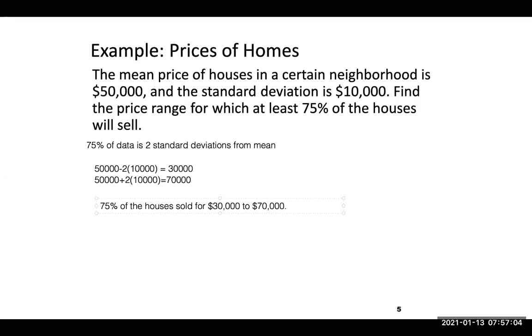So the price range for which at least 75% of the houses sold was from $30,000 to $70,000.